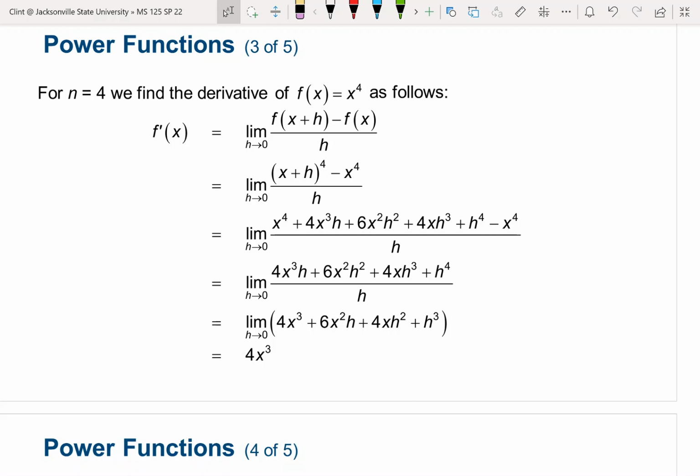There's x plus h to the 4th. All that when we multiply it out. And then minus x to the 4th. And you cancel the x to the 4th terms. It's just a lot to have to write out, so we didn't do one that big. Cancel those out, and then you remember what we would do next?